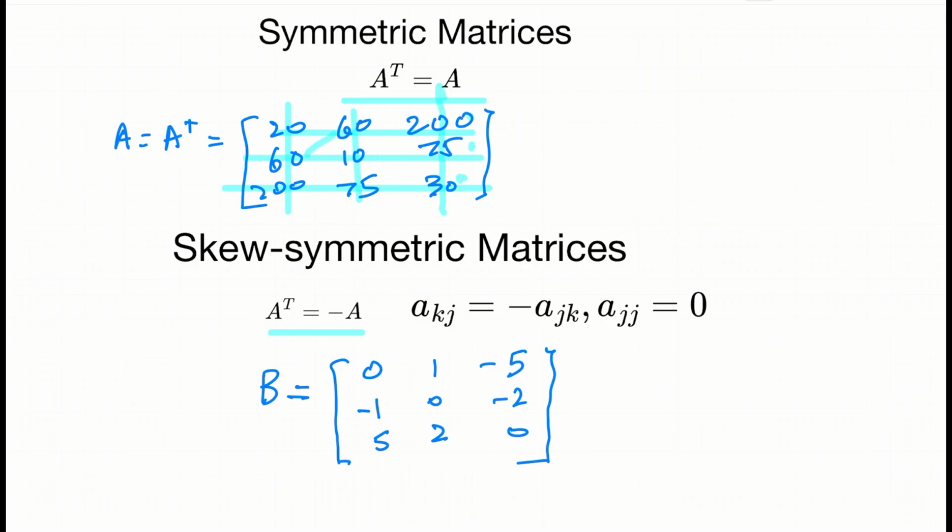So in this case, we want to say that the transpose is equal to the negative, so really it's just across the diagonal where you'll see things move. And those are the opposite of each other in sign. You'll notice in this case the diagonal has got to be 0 because that's the only way this can work out to be skew-symmetric. So that's skew-symmetric. The transpose is equal to the negative of the original matrix.